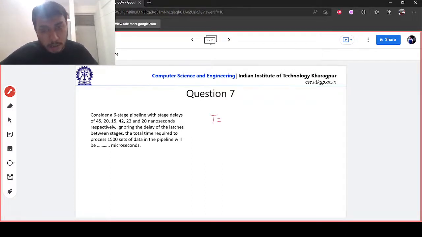So if we have a K-stage pipeline, the time taken will be (K minus 1 plus n) times tau, where n is the number of data sets and tau is the clock period.